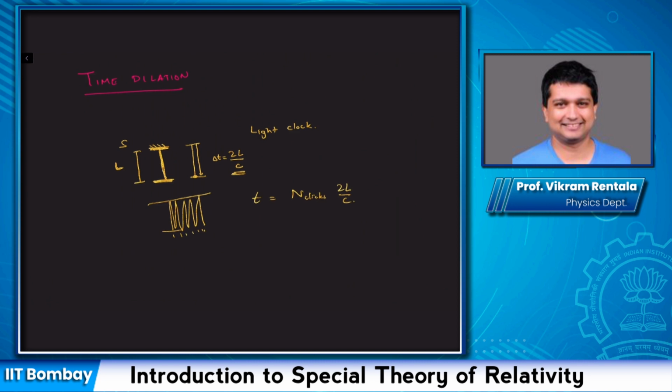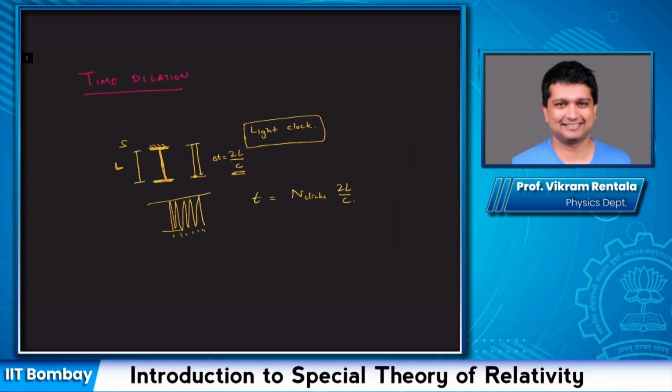Okay, so I can measure time in this way using this device, which we call a light clock. And again, the reason to use a light clock is there's nothing special about a light clock. Everything that we say should be true for any kind of clock that you use to measure things.